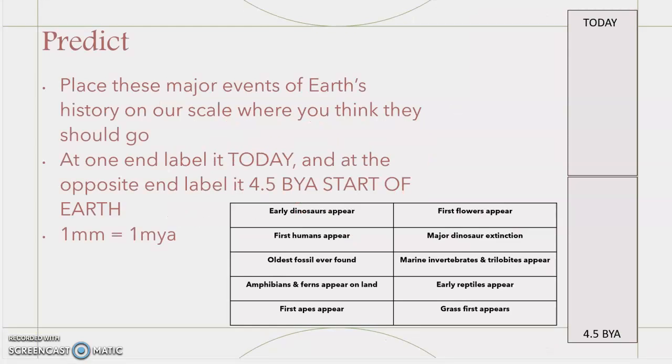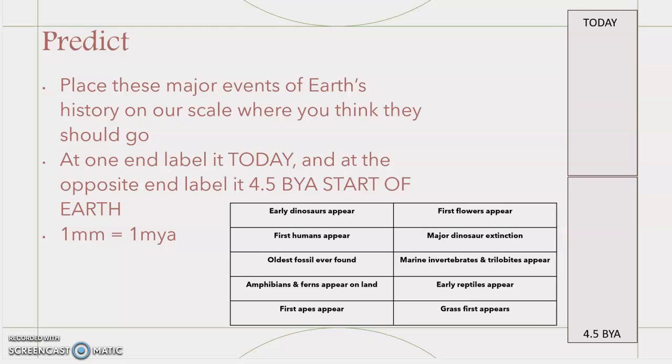The second thing that you are going to do, laying those papers in a long line, I want you to use the table on this screen, where it says early dinosaurs, first flowers, in the lower part of the screen. Use that table to create a timeline of the events that have happened in Earth's history.